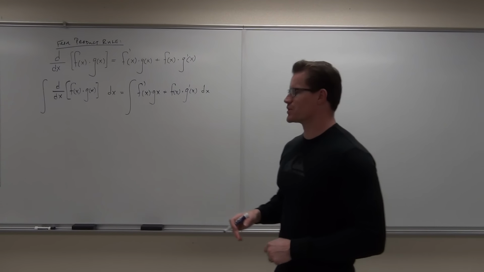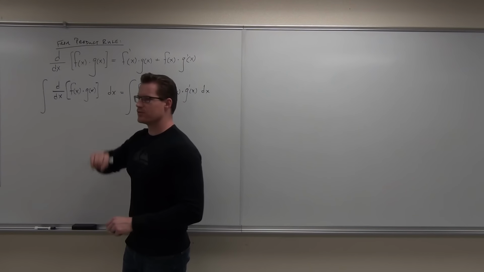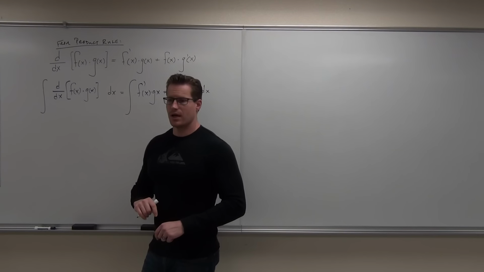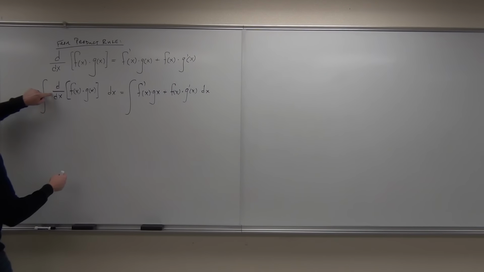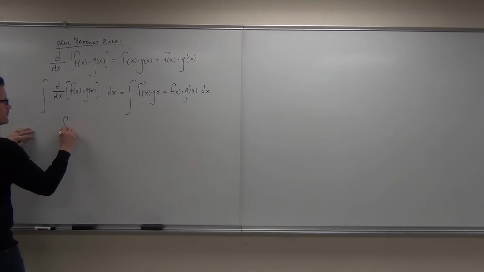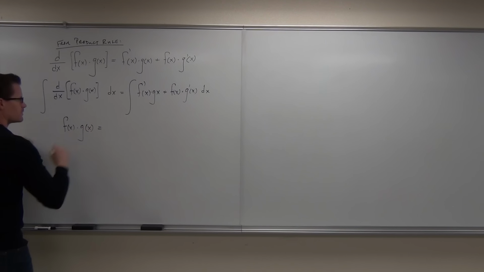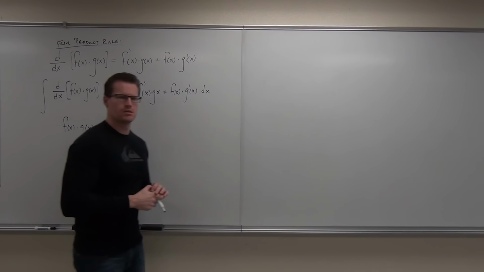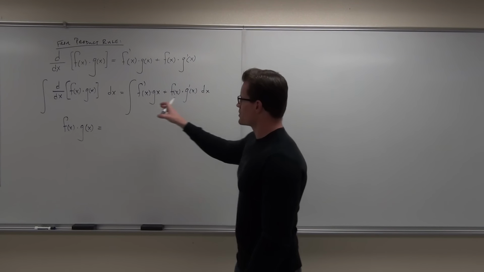Now let's see what happens here. What is going to happen here if I take the integral of a derivative? It's going to do itself. Yeah, calculus tells us that. They are inverses. So if I take the integral of a derivative, dx, that's gone. All I'm going to have is f of x times g of x. Does that make sense to you? Are you sure? Yeah. Now, the next thing I'm going to do, I'm just going to separate this.